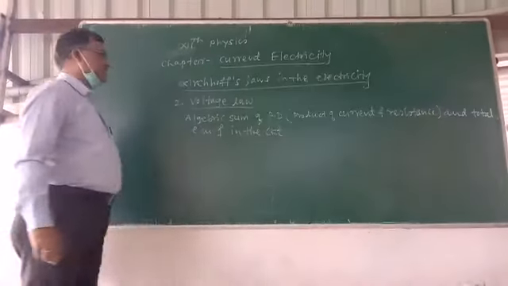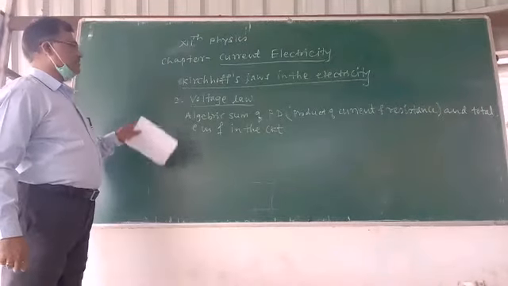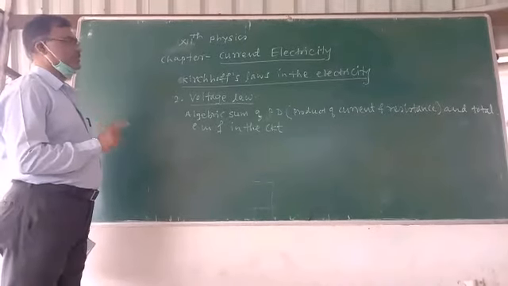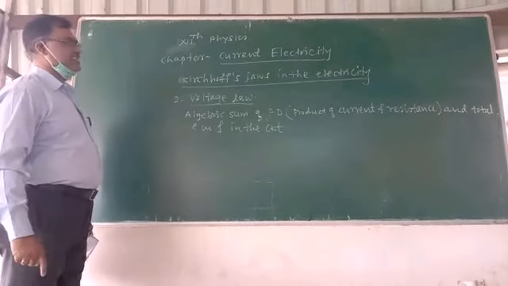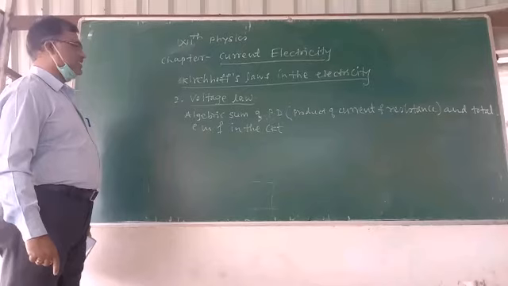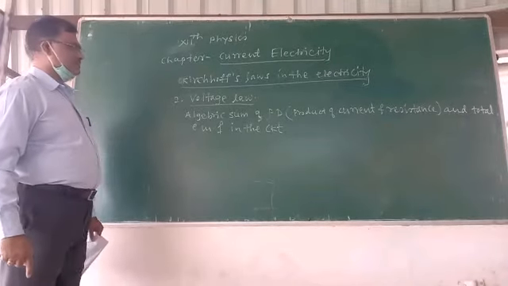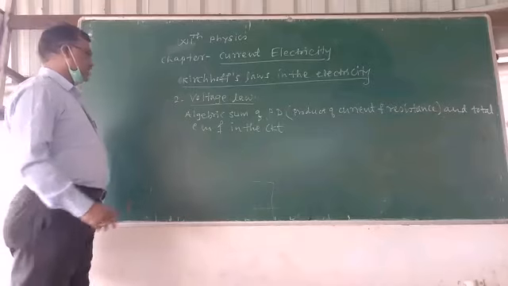The total EMF in the circuit. The algebraic sum of the potential differences, that is the product of current and resistance, and the total EMF in the circuit. This is nothing but the voltage law. That is the voltage law.